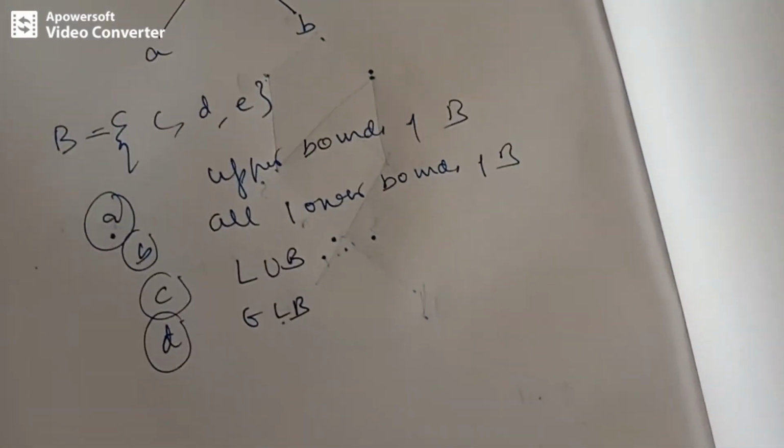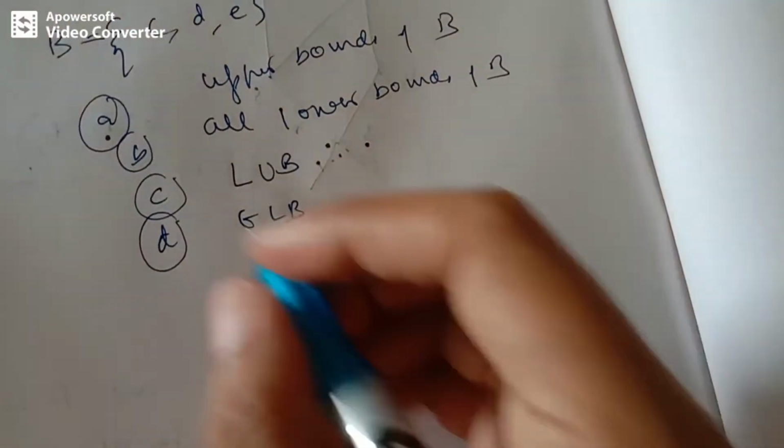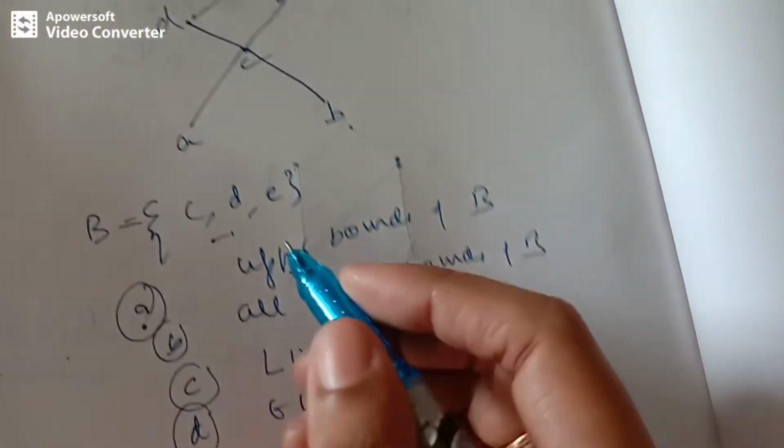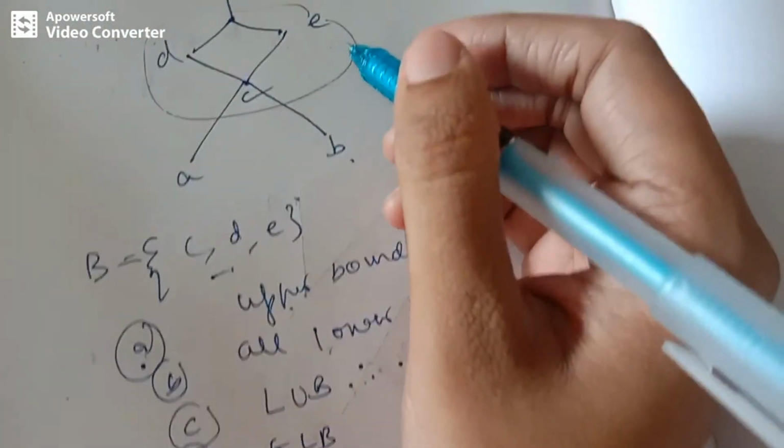So let's calculate them. We know that B is C, D, E.